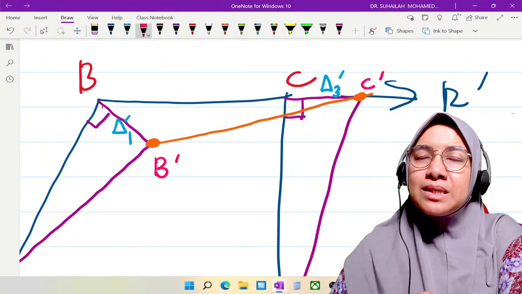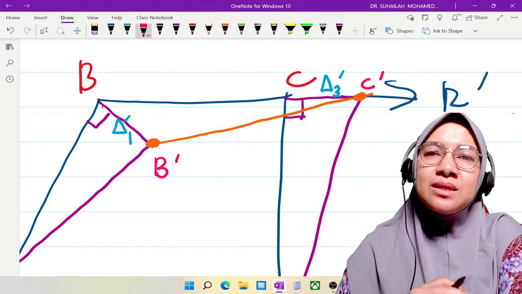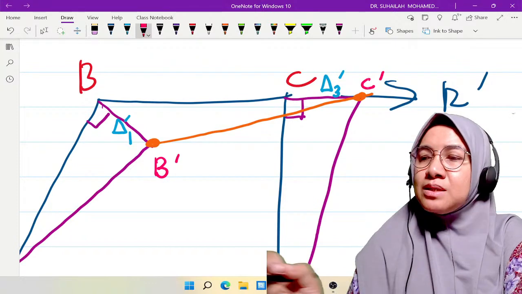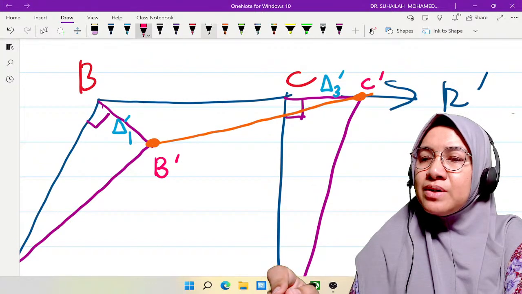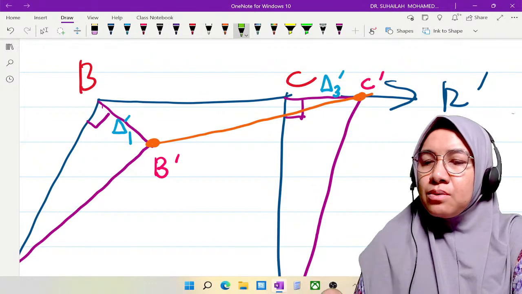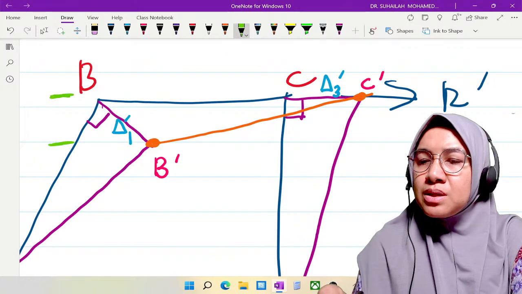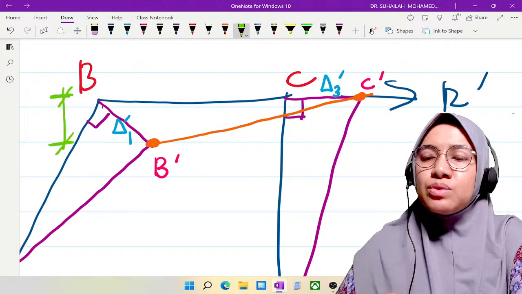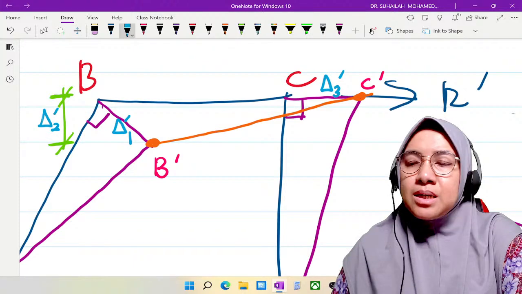It means that delta 2, which belongs to the beam, is a vertical displacement, from the lowest position to the highest position. So this will be the delta for the beam.